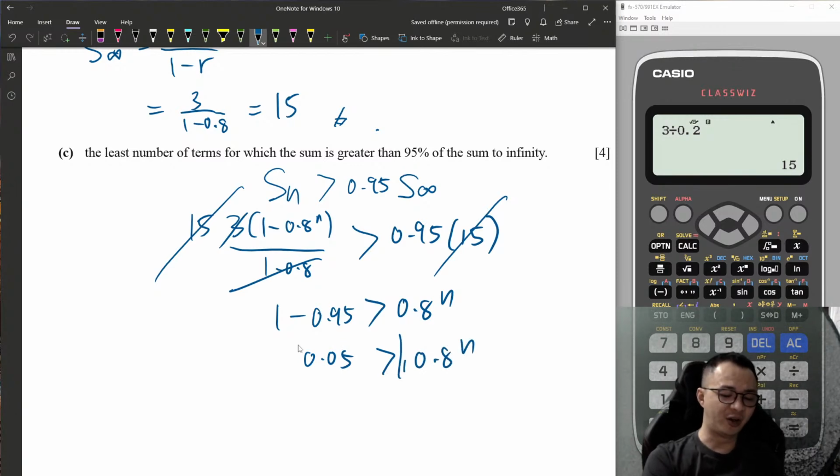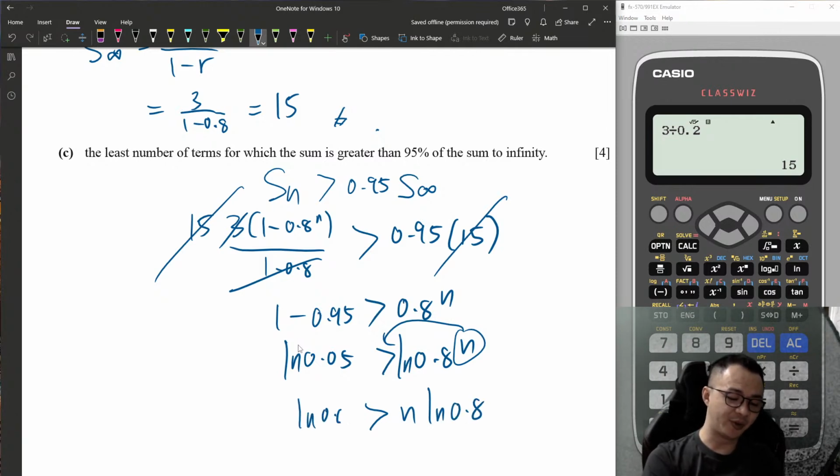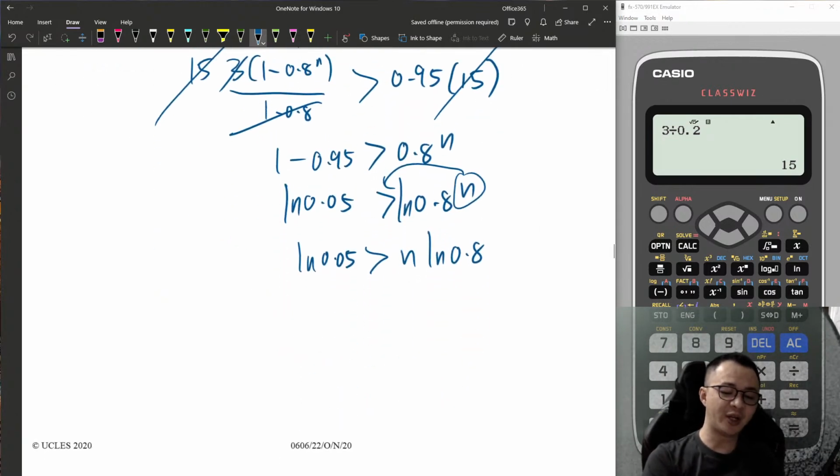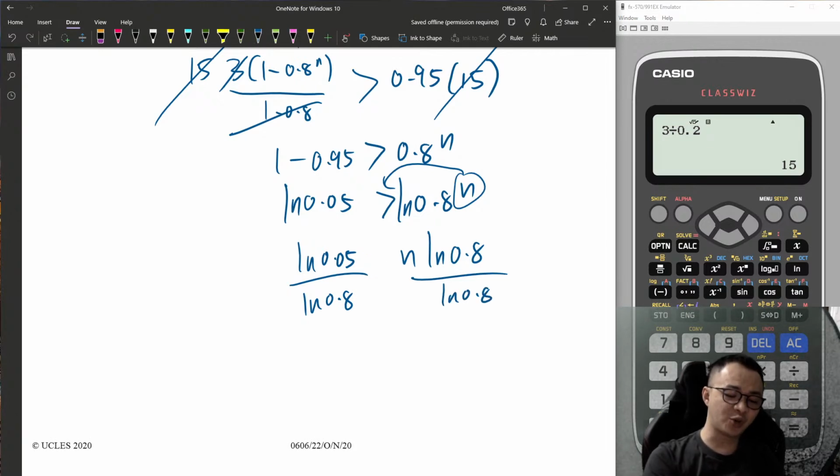Add the log or ln for both sides. Let's say I add the ln for both sides. Log rule tells me I can move the power to the front, right? So this is n ln 0.8, ln 0.05. Okay, so when I divide ln 0.8 for both sides, the sign must change to this direction.